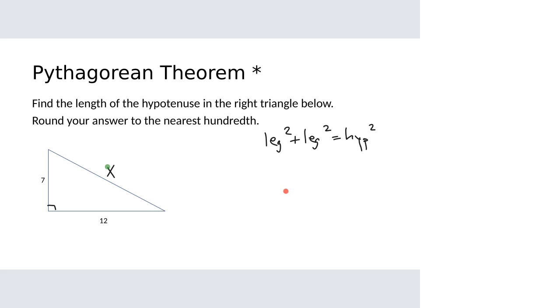I'll give you a little time on this one to find the length of the hypotenuse of that right triangle.